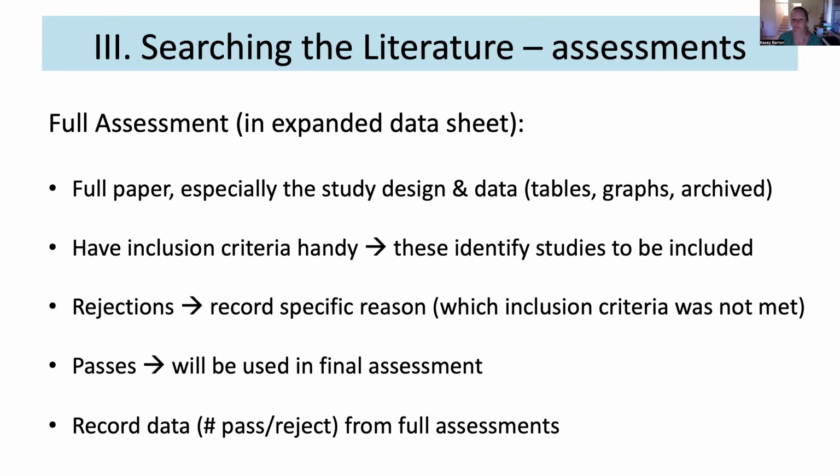I pay really careful attention to study design and data, because those are usually the deal breakers. If it's not a robust study design or there are no data, especially for a meta-analysis, then I can't include them. So at this stage, they get a no, and I would record why that is.